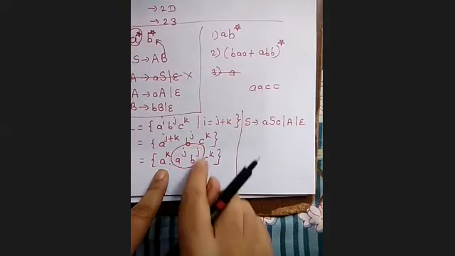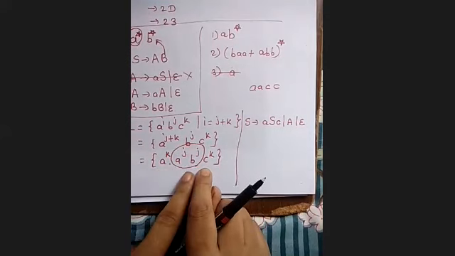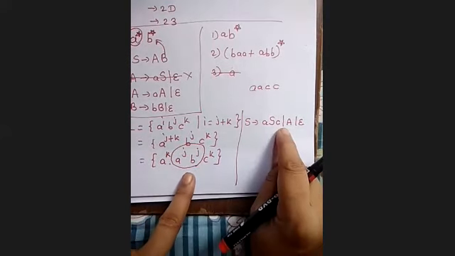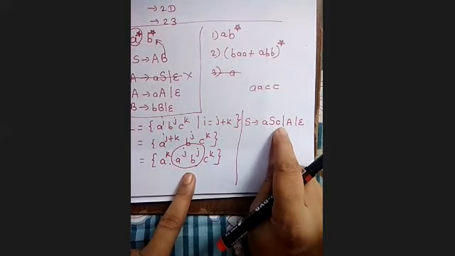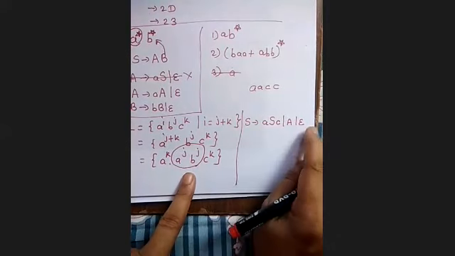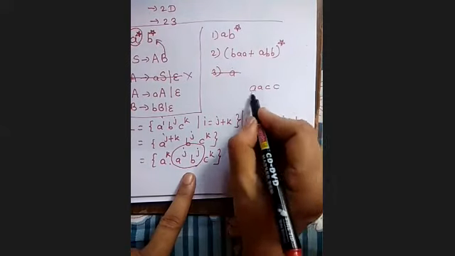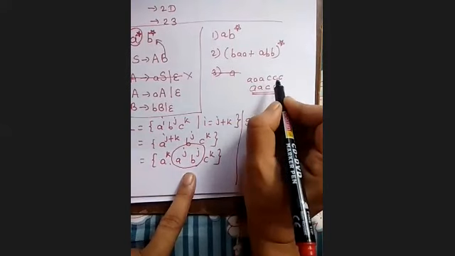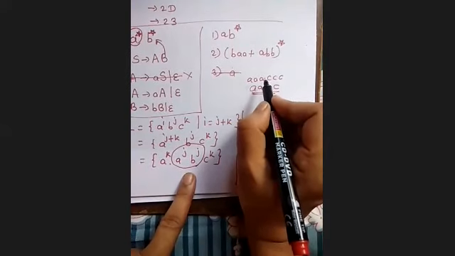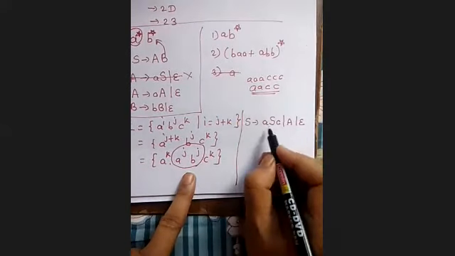J is 0 means this part is not there. So how many times will we apply this? We'll apply it 2 times, no? So we'll get 2 A's followed by 2 C's, and then for the S at the end we'll apply the epsilon so that we can derive this. Similarly, if I want 3 A's followed by 3 C's, the middle part is epsilon. So we'll apply this rule 3 times.